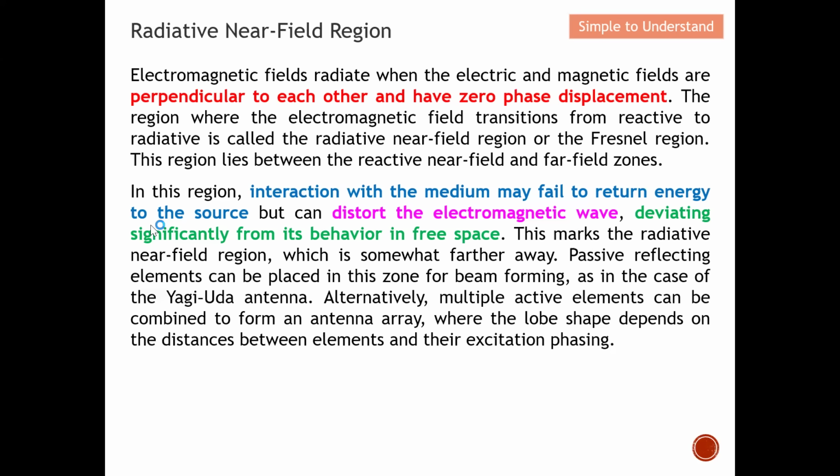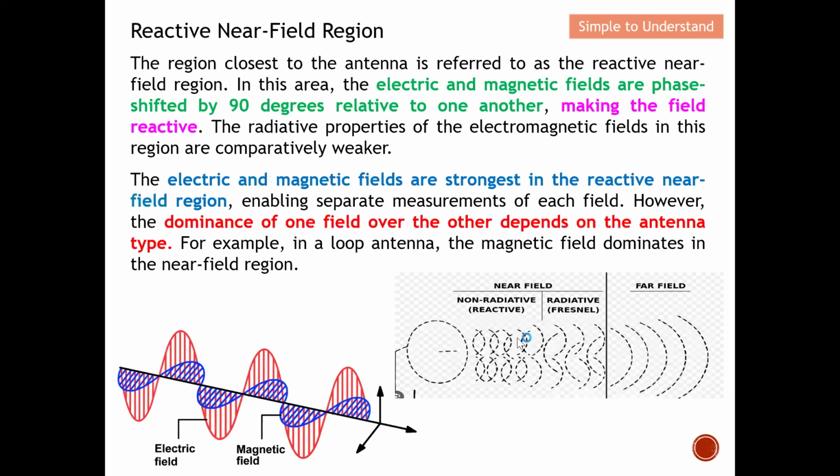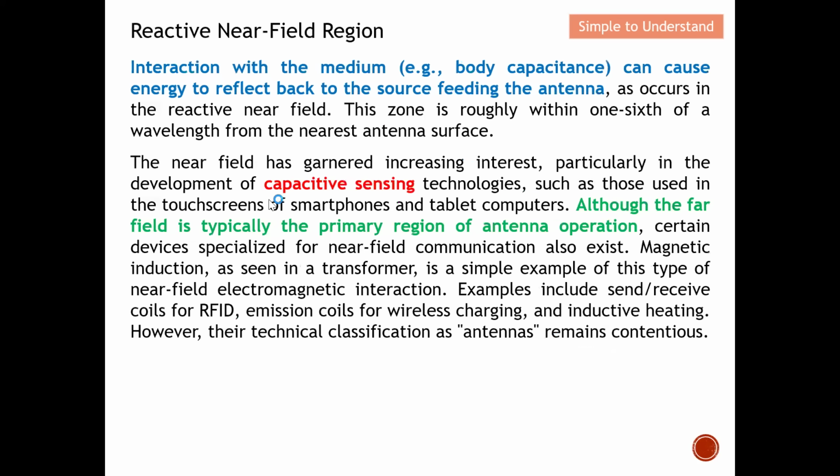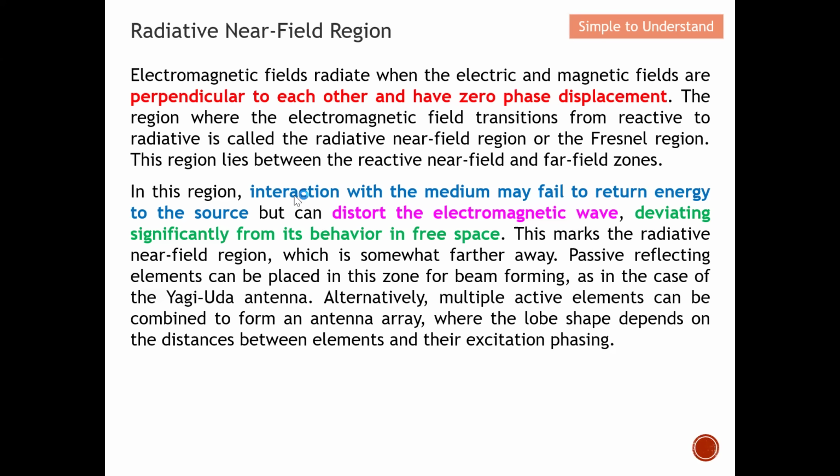In this region, interaction with the medium may fail to return energy to the source, because this part is considered quite far away from the antenna. If we want to reflect the signal back to the antenna, some of the signal energy may not be able to return, which means there is no reflection.